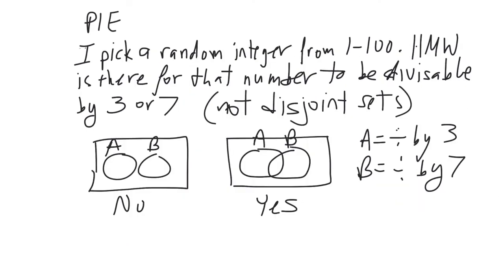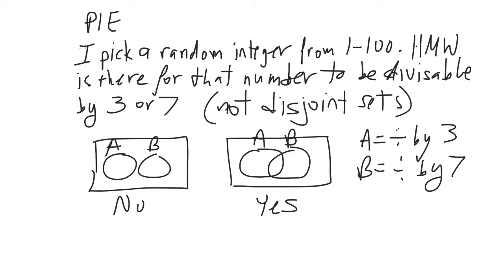The last type of counting that we'll do in section 9.1 is the property of inclusion and exclusion. For instance, I pick a random integer that's somewhere between 1 and 100. How many ways is there for that number to be divisible by 3 or 7? Notice that these are not disjoint sets.